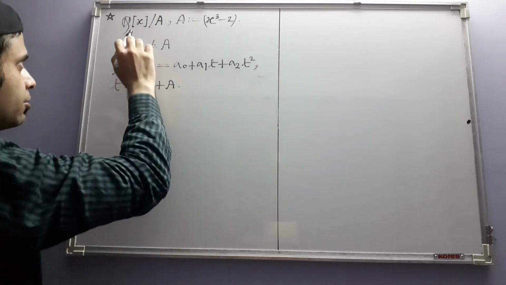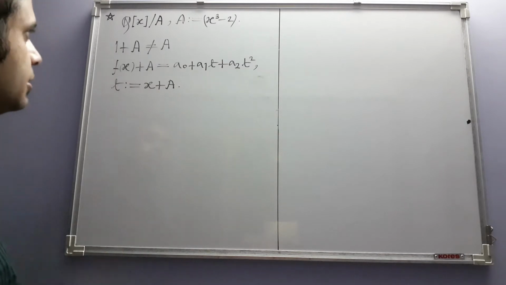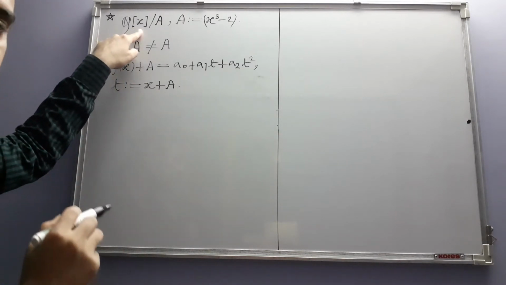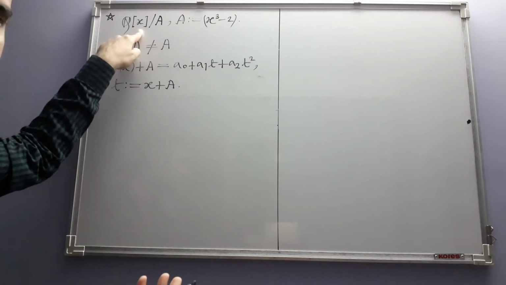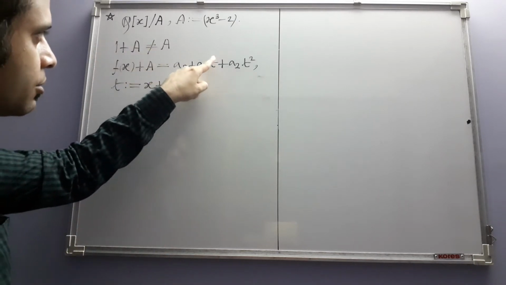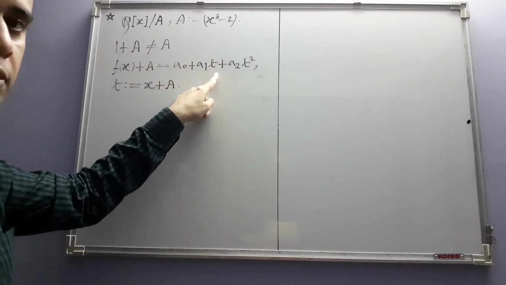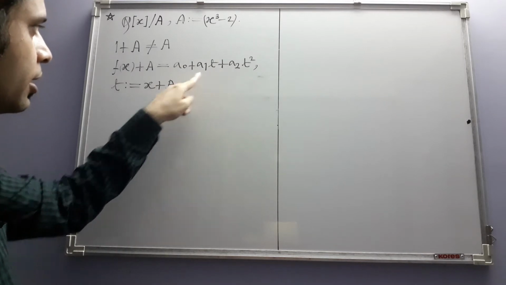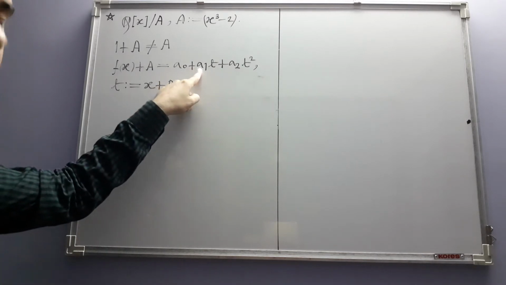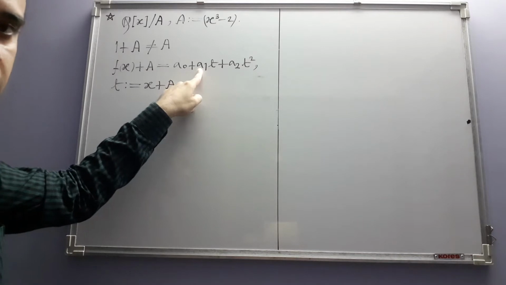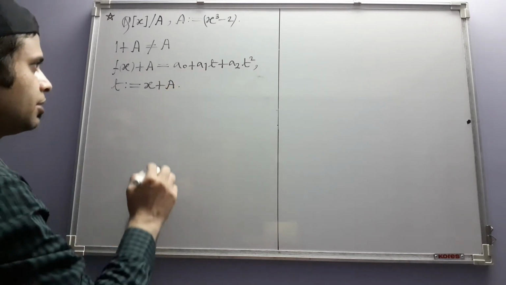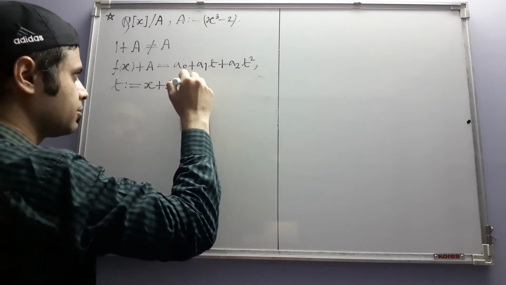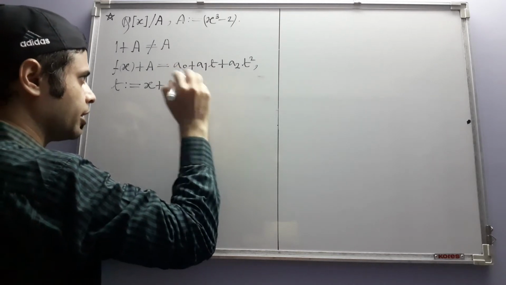Because we know only of two operations in this ring: one, addition of two cosets, and the second, multiplication of two cosets. This, however, is not a product of two cosets. It's a product of a coset and a rational number. Does it make sense?